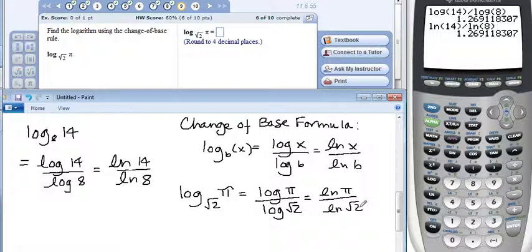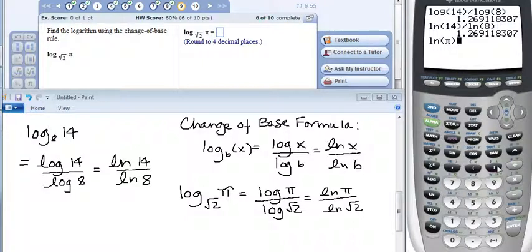So I'm going to use a natural log just because I can. The natural log of pi divided by the natural log of the square root of 2. And that one's closing the radical sign, then I need another closing for the ln.